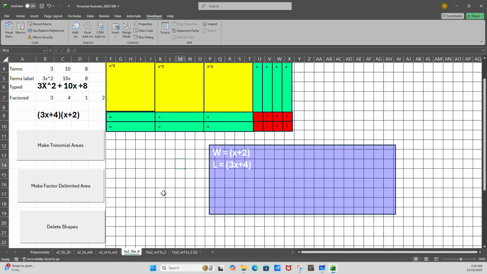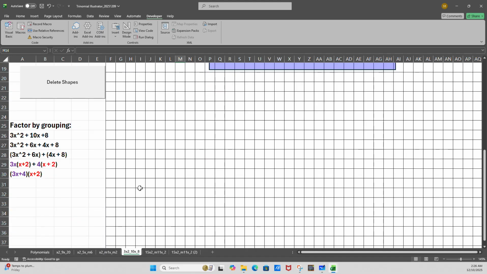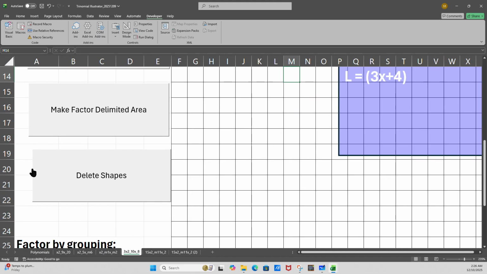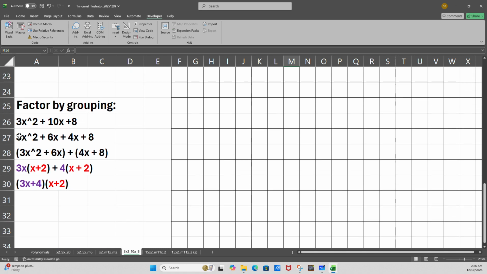But there's also another way to do this, factoring by grouping. We have 3x squared plus 10x plus 8. We can take this 10x and break it down into 2 different terms that we can then look at as a group with these other terms. This is where you have to decide which way to break up this 10x.